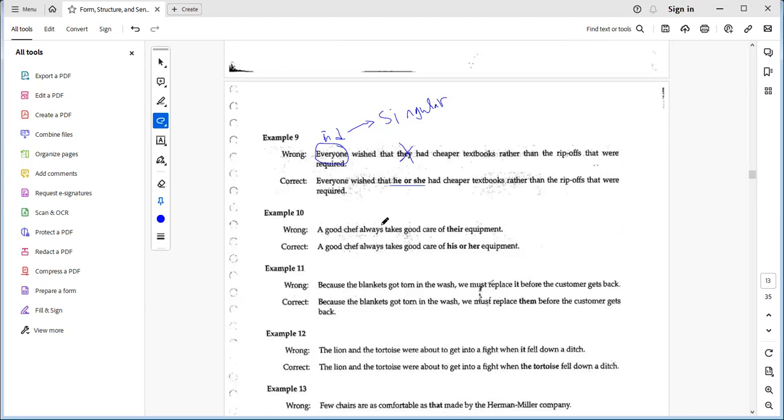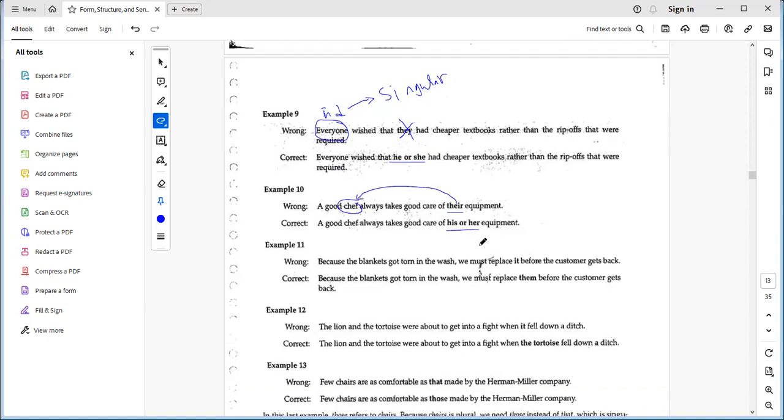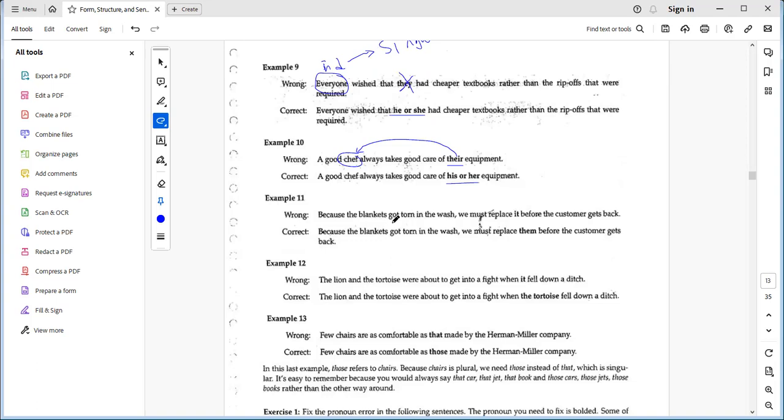A good chef always takes good care of their equipment. Again, how "their"? It refers to the chef, only one. So it must be "his or her." Because the blankets got torn in the wash, we must replace it before the customer gets back. You were talking about the blankets, plural.